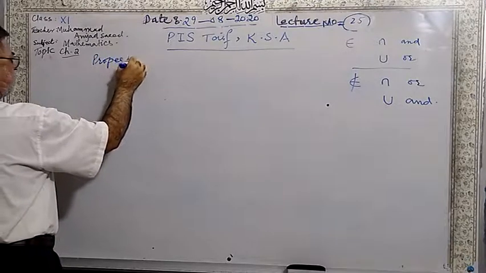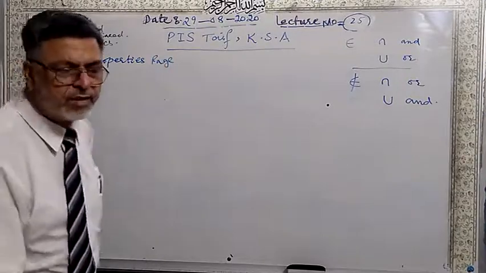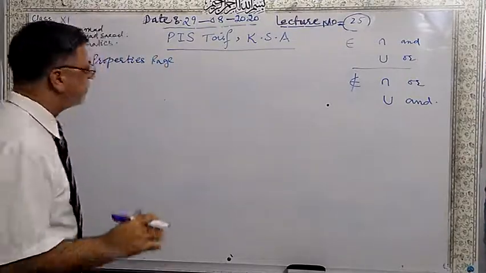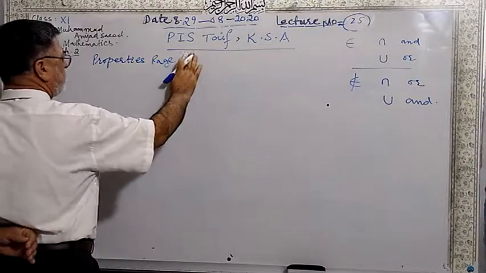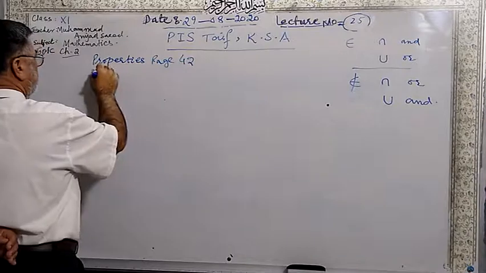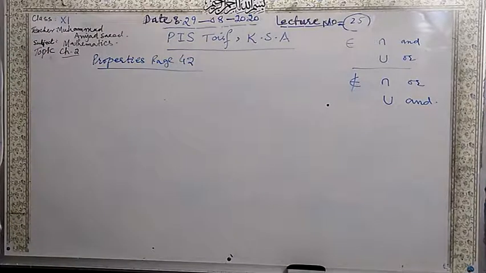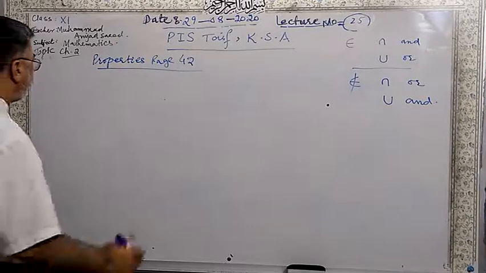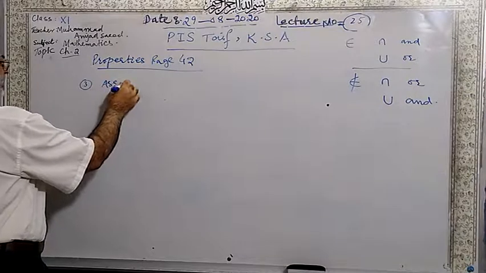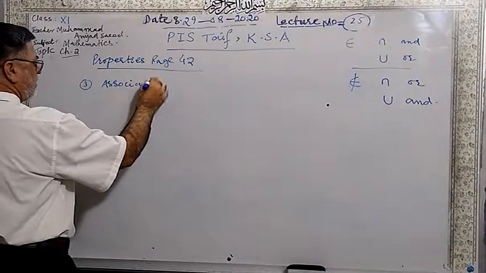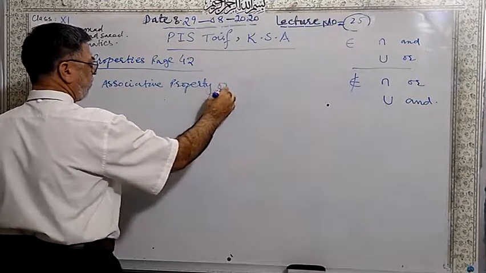Properties, book page 42. Here is number 3, the associative property of union.